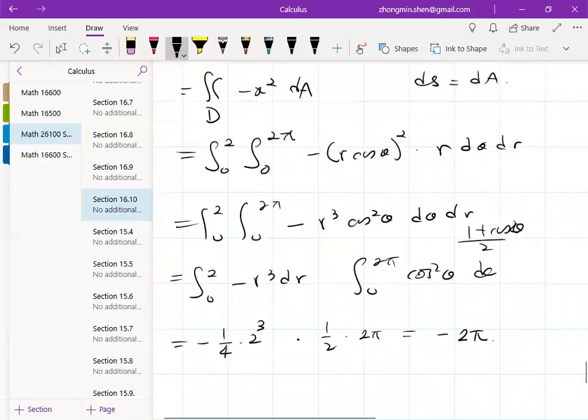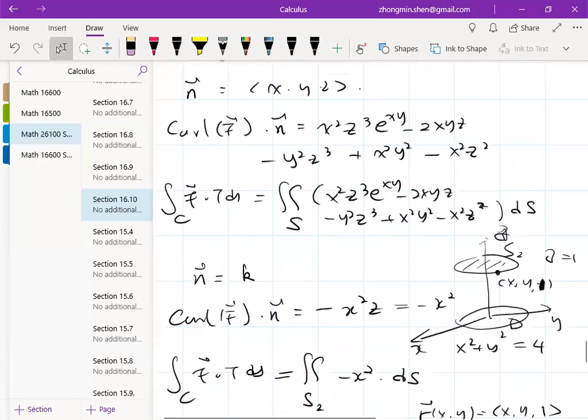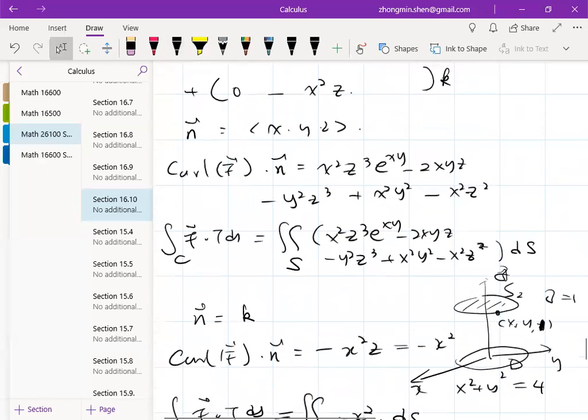Right? So I do use Stokes' theorem to evaluate this line integral. I choose a special surface for that curve. If I choose the round surface, it's very complicated. I have to parameterize a sphere, use spherical coordinates, and I was stupid.